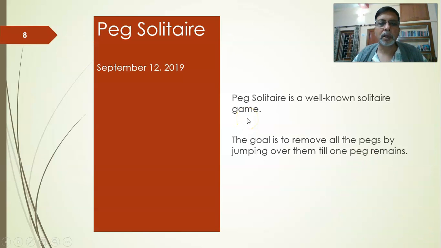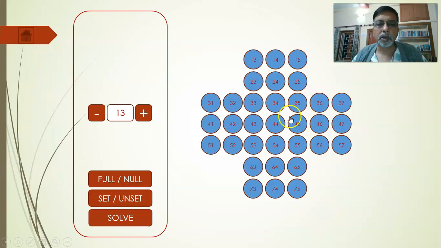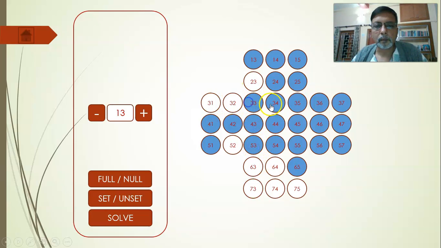So this is double or nothing. Then peg solitaire, the well-known peg solitaire game. You start with all the pegs except the middle one. Then you go on clearing the pegs. This is a well-known solution that I got from the net.